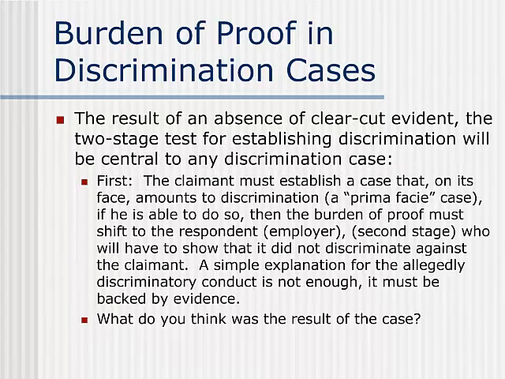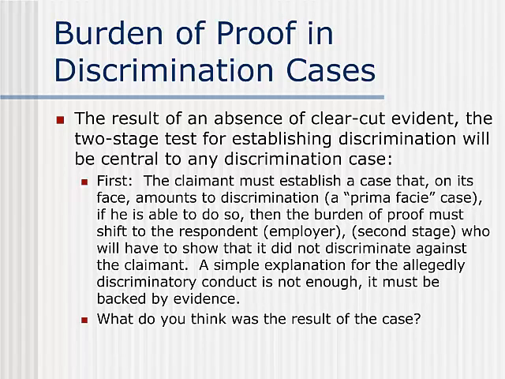The result, for what was found to be an absence of clear-cut evidence, is a two-stage test for establishing discrimination, which would be central to not only this case but any case of discrimination. First, the claimant must establish that the case on its face amounts to discrimination. That's known as a prima facie case. If he's able to do so, then the burden of proof must shift to the respondent, or the employer.